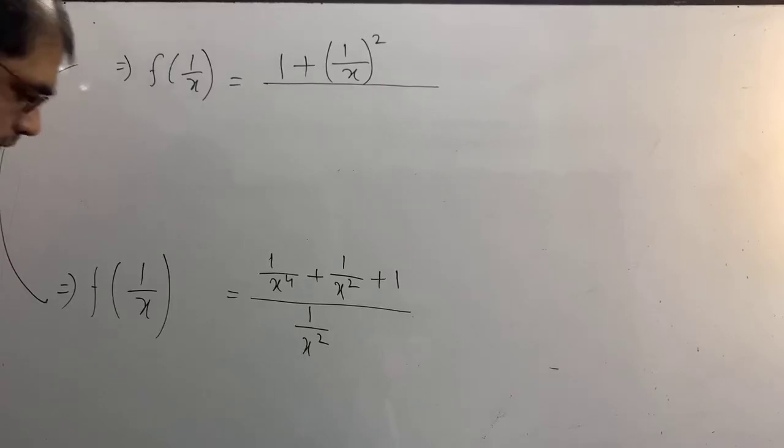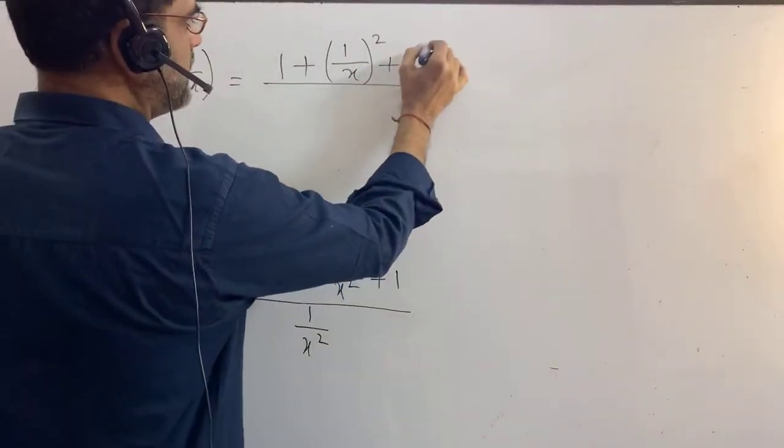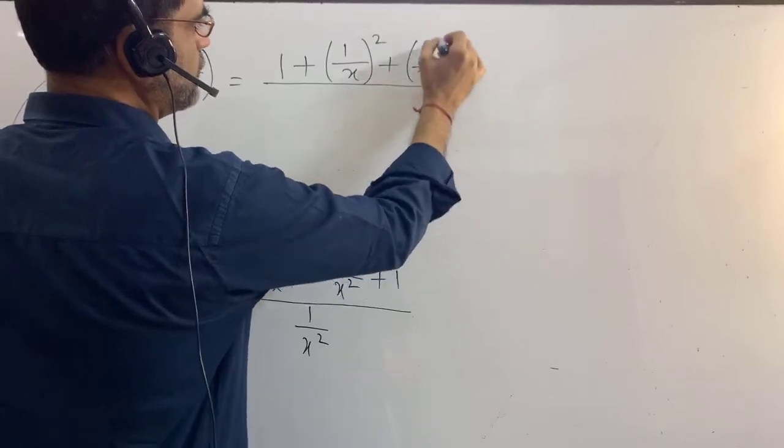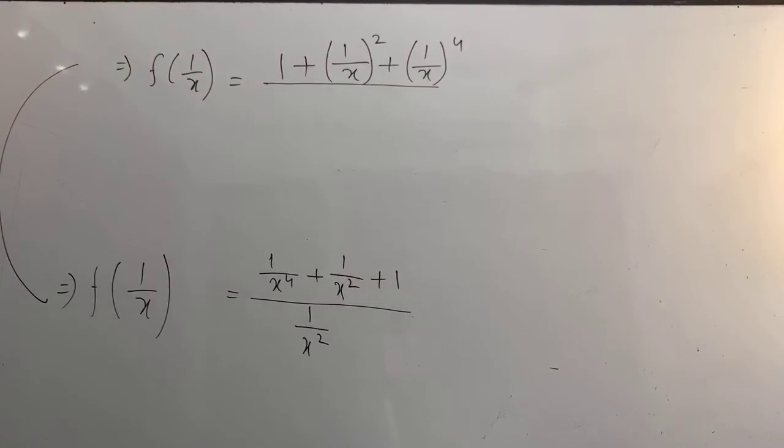And this is 1 by x to the power 4, that is 1 by x whole to the power 4, right? Can we? Yes, we can.